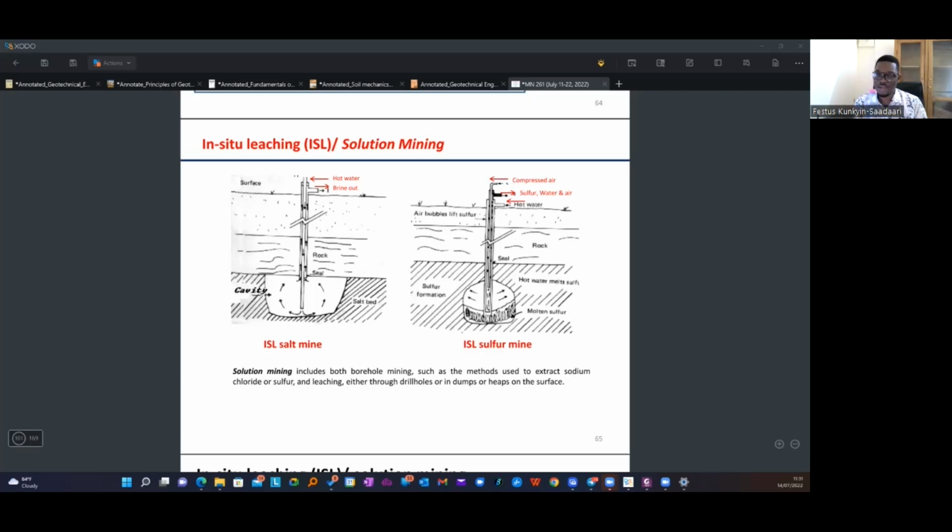So I gave an example of salt. Let's assume you have salt inside this container, but there's no means of getting to this salt, and you also don't want to break or destroy the container. So try to drill a hole at the top of this bottle and pour some hot water inside.